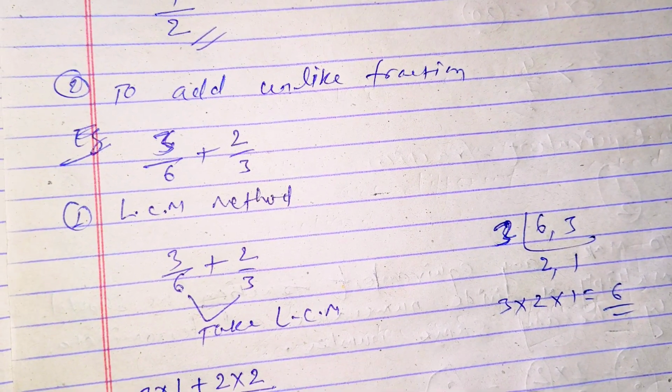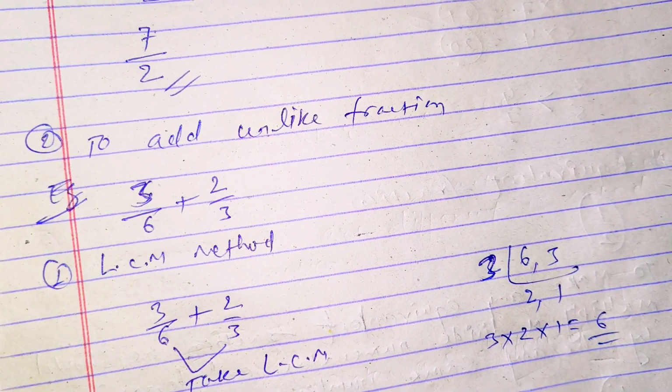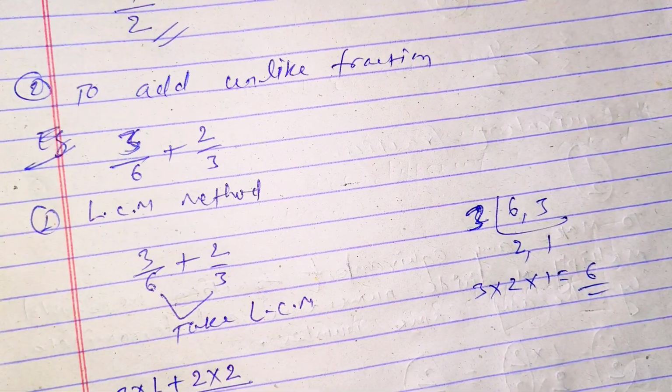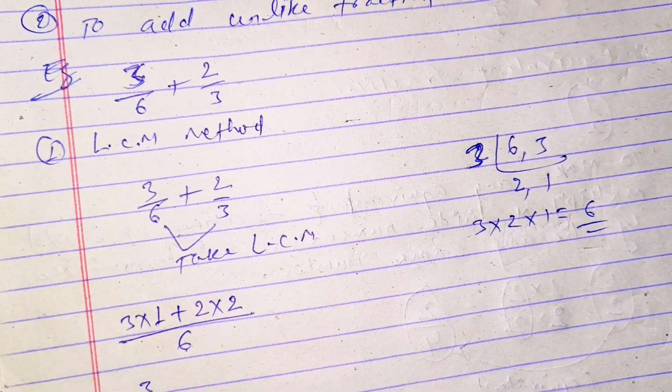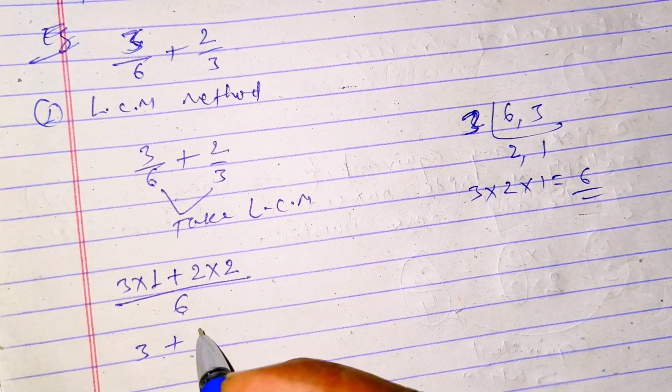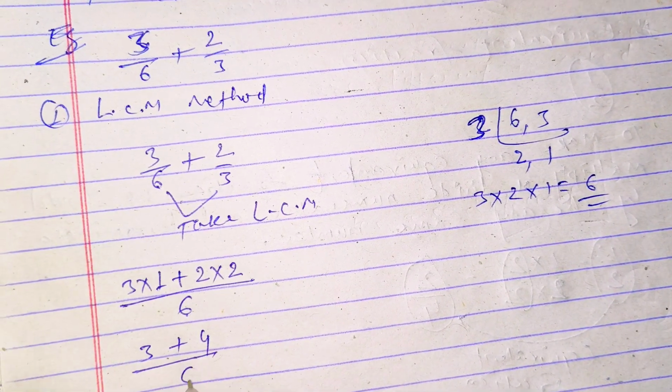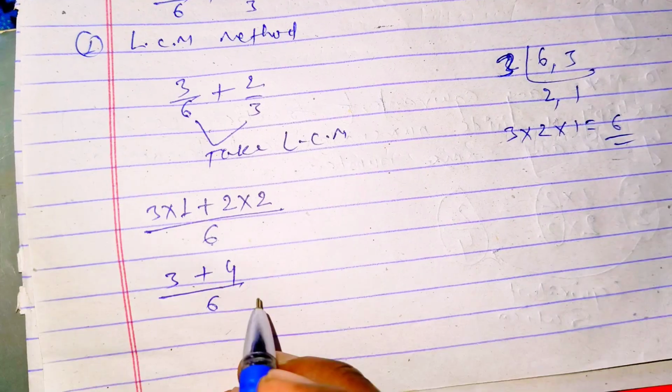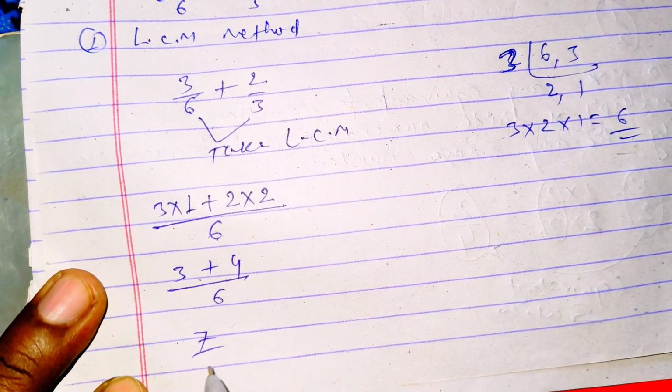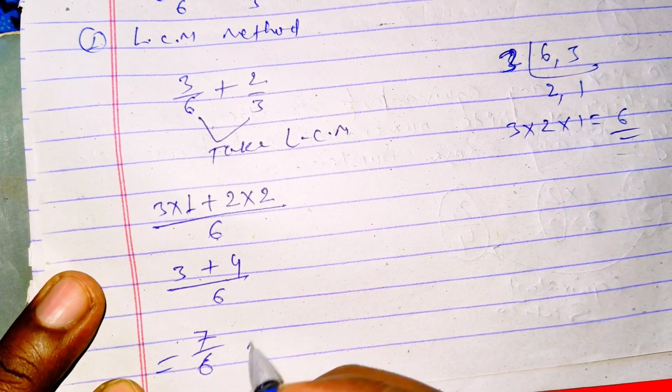This 2 comes from dividing 6 by 3. So now it is 3 plus 4 divided by 6, that is 7 by 6. 7 by 6 is the answer, right?